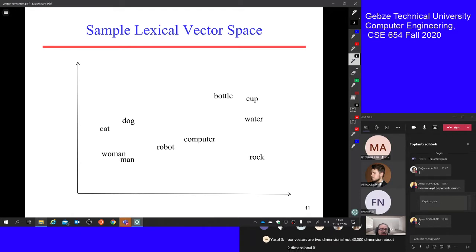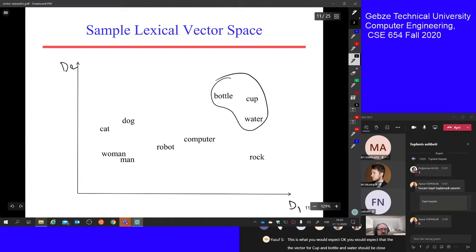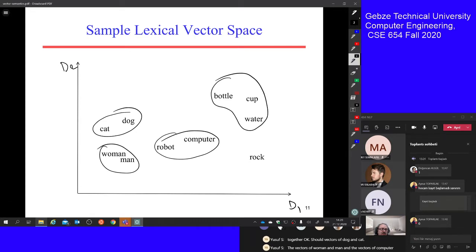If I have represented my words in two-dimensional context vectors, and put the words, okay, this is dimension 1 and dimension 2. This is what you would expect. You would expect that the vectors for cup and bottle and water should be close together. The vectors of dog and cat, the vectors of woman and man, and the vectors of computer and robot, they are all together.